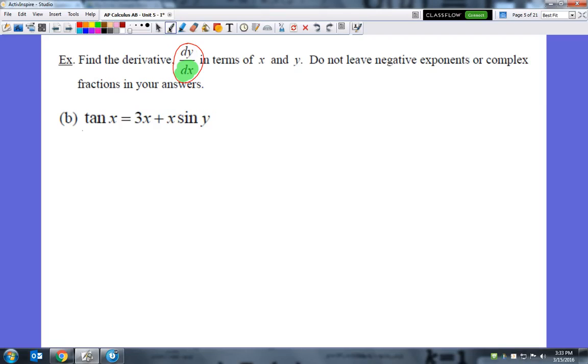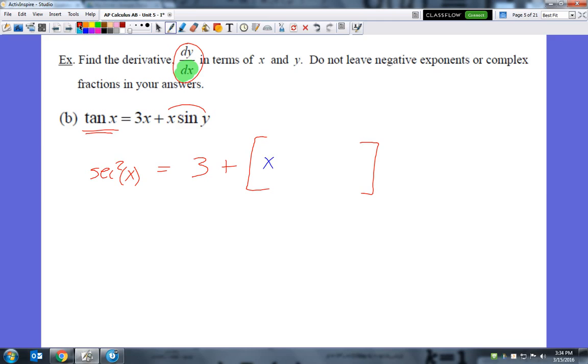So deriving this side, I get this chain rule piece would be secant squared of x times an understood 1 is equal to 3 plus, here's another product rule right here. So I'll go ahead and put brackets or parentheses, whatever you feel comfortable with.